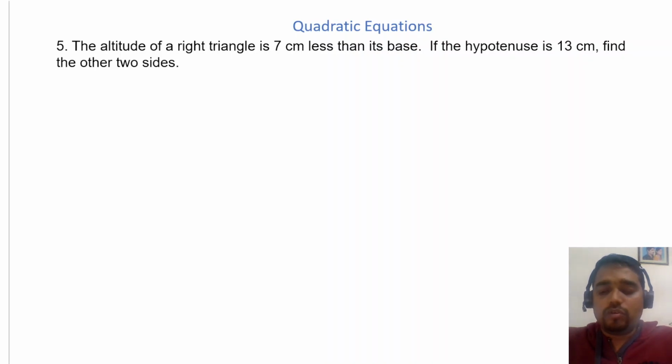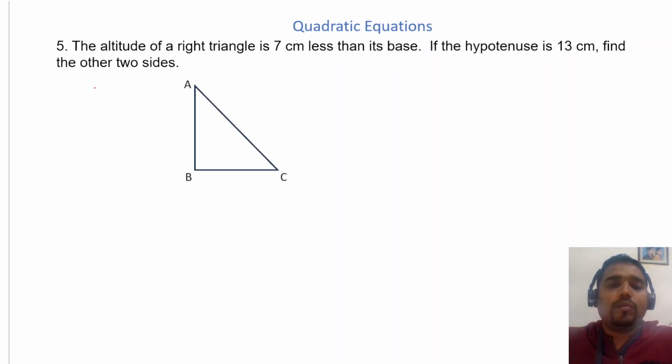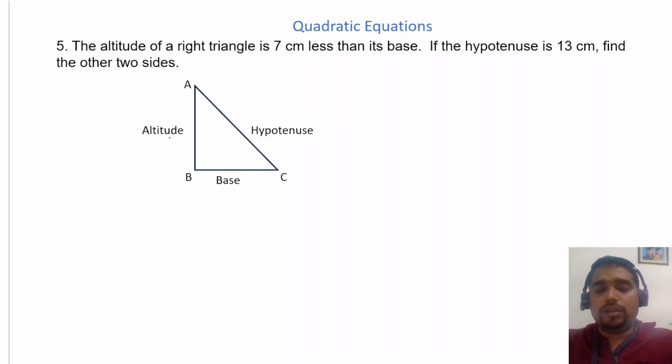I have noted down. If ABC is a required right triangle such that angle B is 90 degrees, then in this particular triangle, AC would be the hypotenuse, BC would be the base, and AB would be called the altitude.